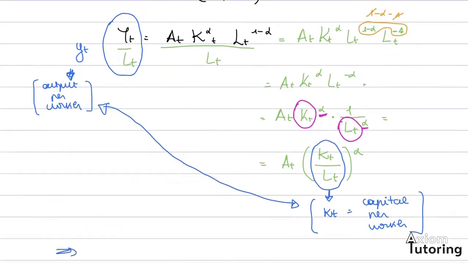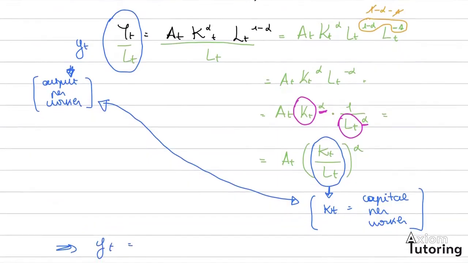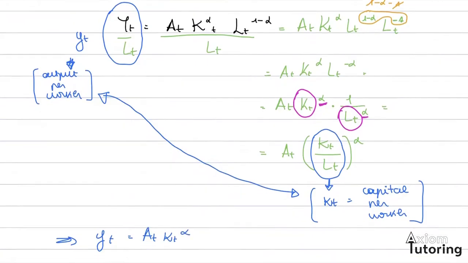So now, combining all of the steps, our final result is yt equals our total factor productivity, A, times small kt to the power of alpha. And this is our output per worker equation.